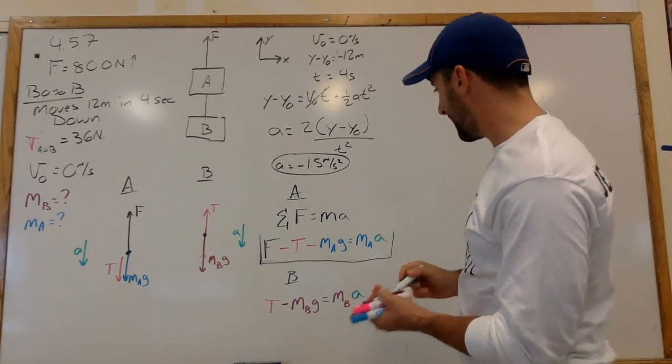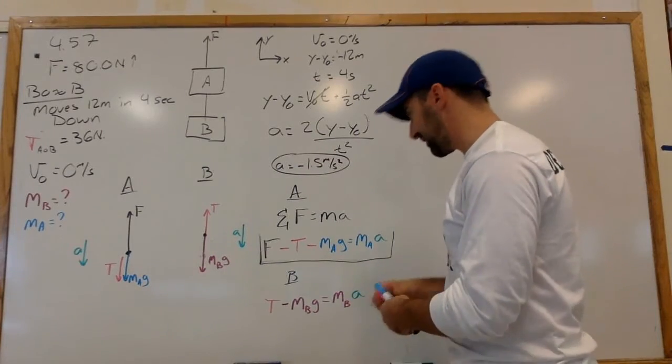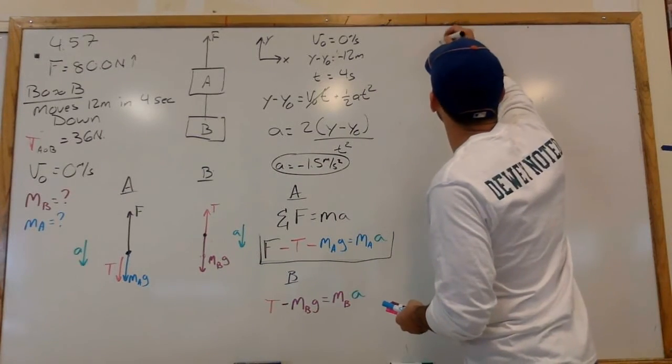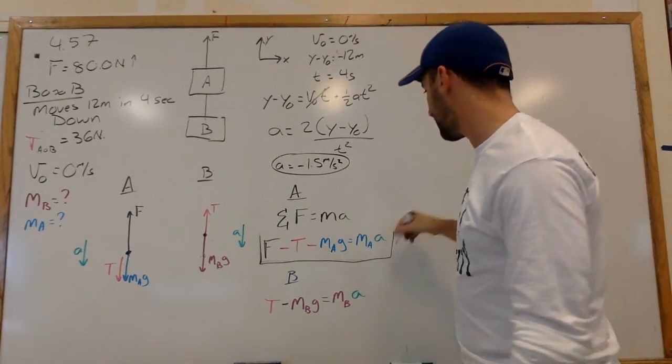So from this point, it should be pretty trivial. Let's just finish it out here. For object A, I'm going to bring that to the other side.